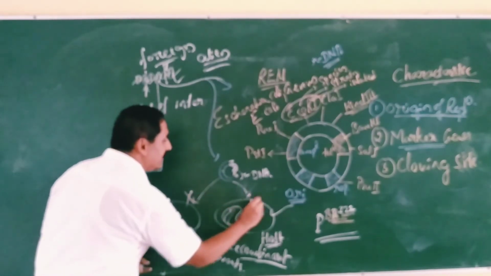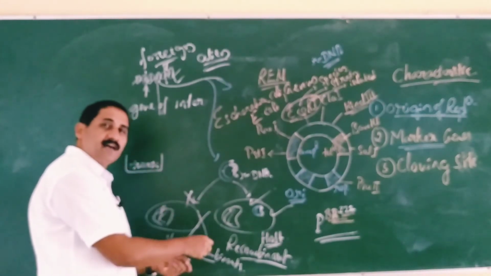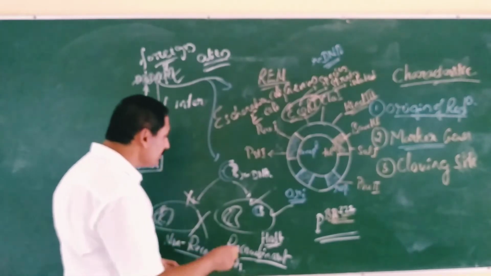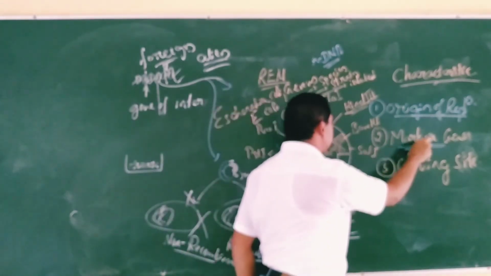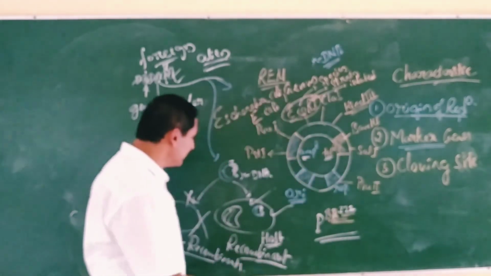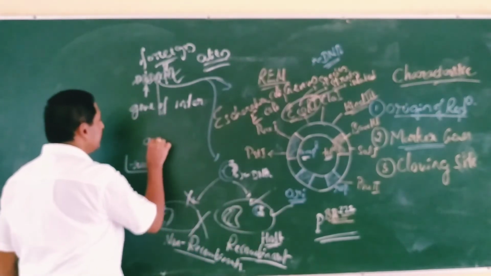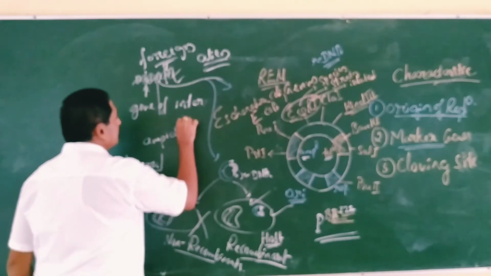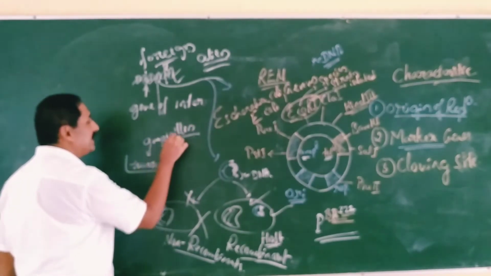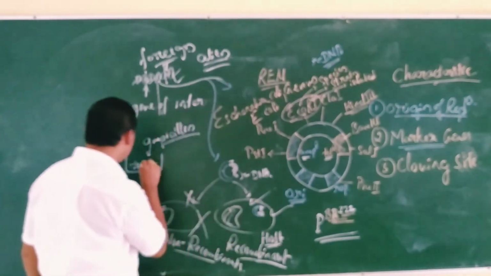So you have to recover only the recombinants and kill the non-recombinants. How to kill? If it has a marker gene, a tetracycline or ampicillin resistant gene, the bacteria is resistant to the antibiotic ampicillin. If you plate it in nutrient media which contains ampicillin, a bacterial antibiotic, only the recombinant will survive.